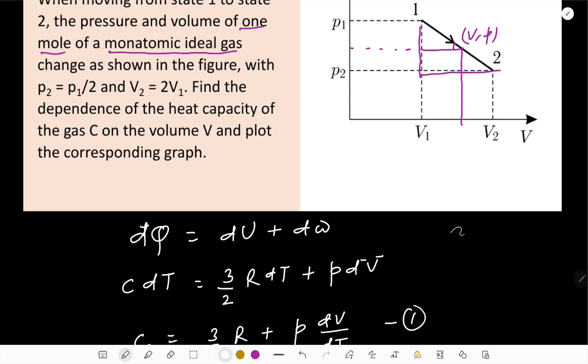simply by writing P1 minus P2 is the perpendicular divided by, or I can write here like this. First I would like to involve these 2 points, so that I can write P1 minus P by base as V minus V1, and that will become P1 minus P2 by V2 minus V1. Simply perpendicular by base, nothing else.